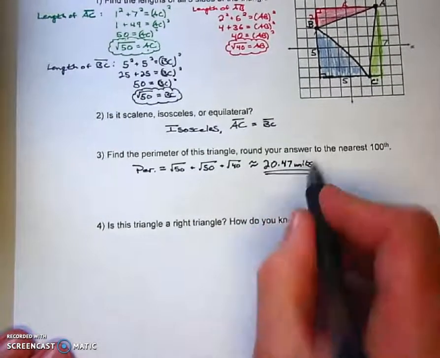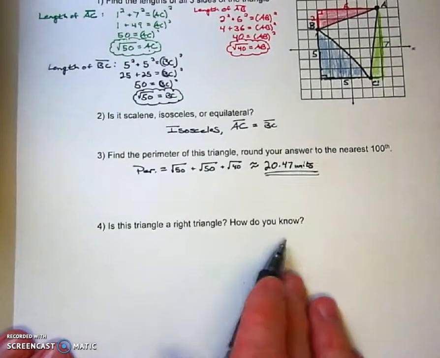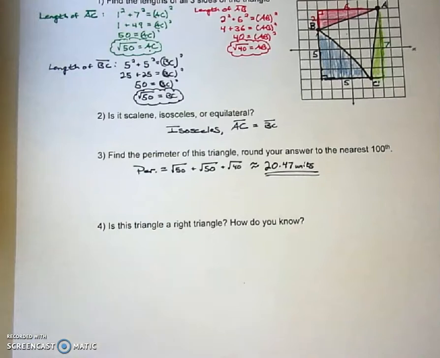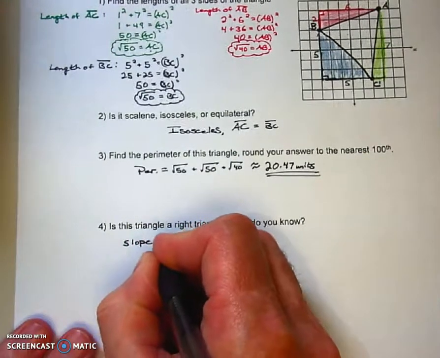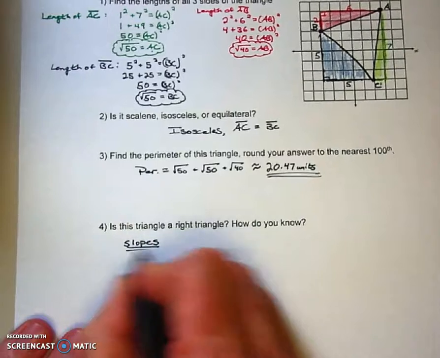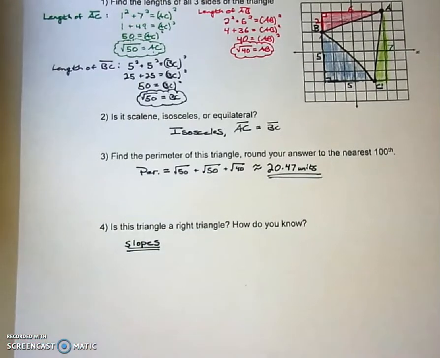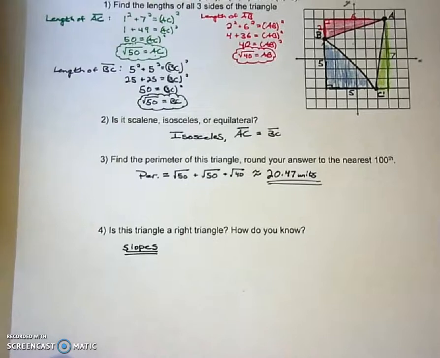And the last question is, is this a right triangle? How do we know? Well, we know right triangles have right angles. The way I'm going to check to see if this is a right triangle is I'm going to look at the slopes. If I have right angles, I know I'm going to have opposite reciprocal slopes. So let's check the slopes of each of these segments.